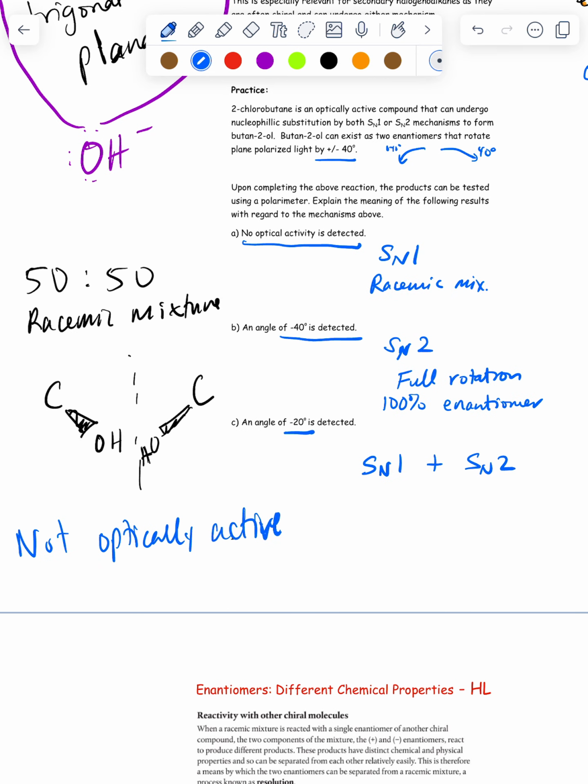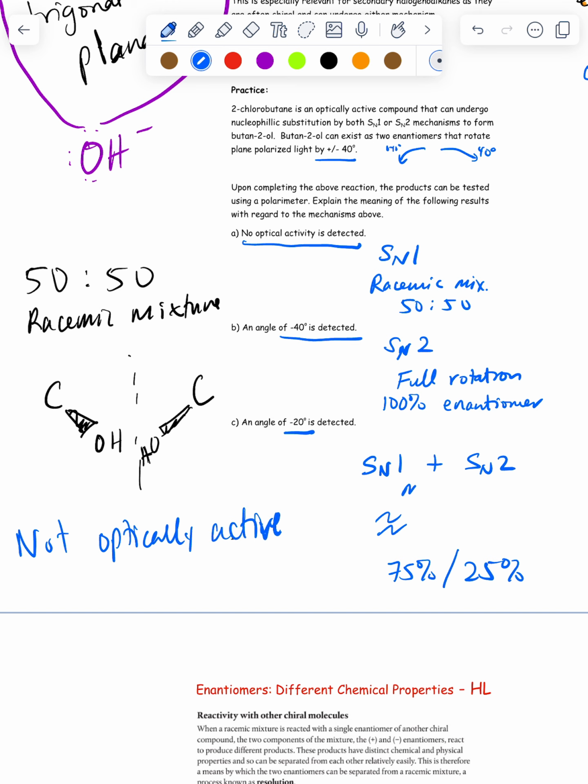So not 50-50, not 100 and 0, but something in between. Roughly, in this case, probably about a 75%, 25% isomer mix, since the angle is roughly halfway towards the other, something in that ballpark. You wouldn't be asked to state it so specifically.